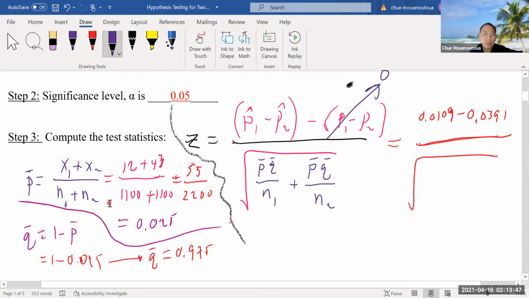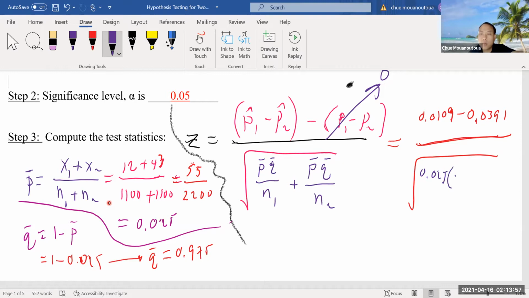P bar we got to be 0.025, times the Q bar, 0.975, divided by N1, which is 1100.